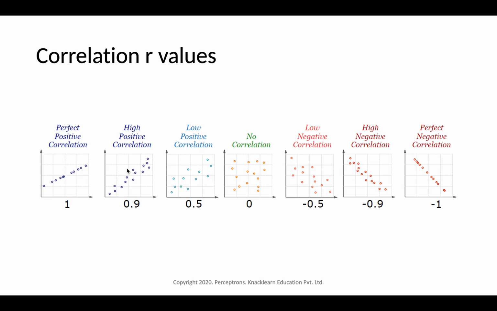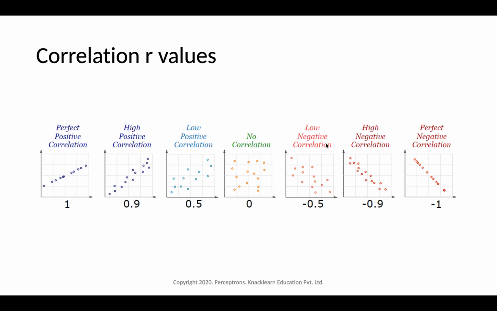And 0.9 means a high positive correlation, 0.5 means a low positive correlation, and 0 means there is no correlation. We can see within the data here, x and y, we don't see any kind of linear relationship within x and y. So here we'll be getting an r value of 0.